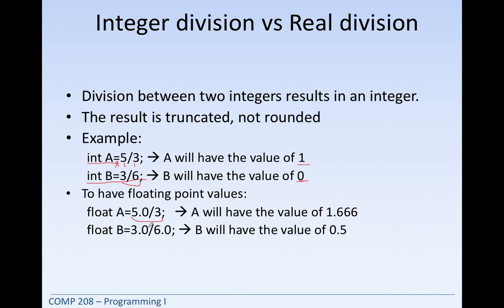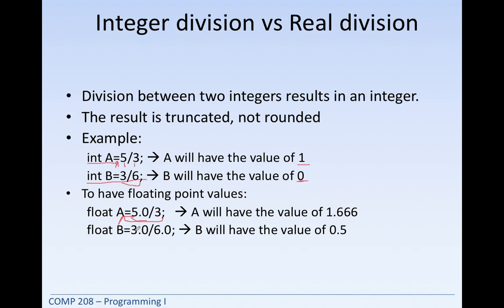So in order to have floating point division, one of the operands, that is the dividend or the divisor, has to be a decimal, or what we call a floating point. So 5.0 divided by 3, now it's going to be 1.666, and the value is put in a, which has to be a float.